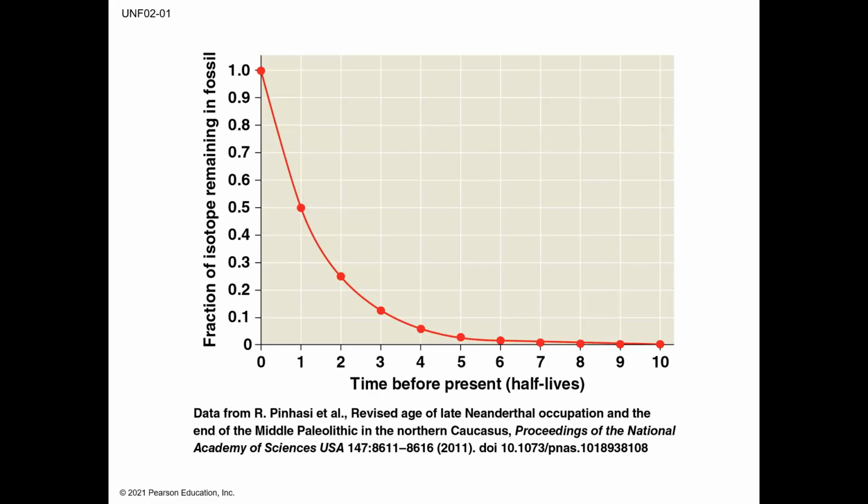If we're starting with 100% of the parent at time zero, after one half-life, it will decrease to around 50%. And so each time a half-life passes, the amount of parent remaining is cut in half. And so it's being converted to the daughter isotope.